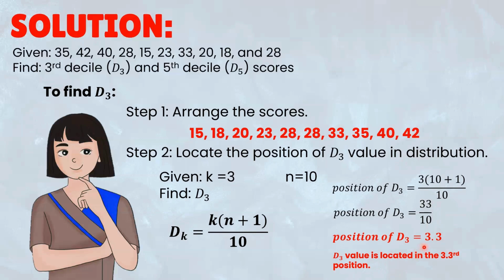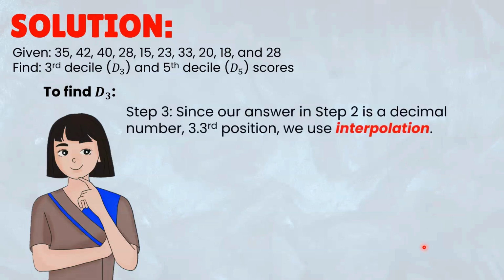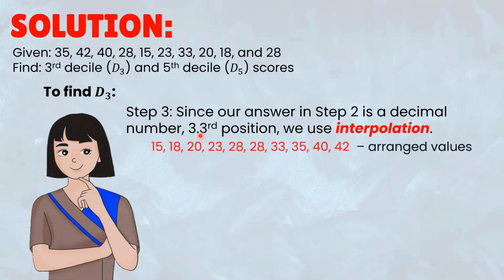which is interpolation. To perform the interpolation process, we have to first locate the 3.3 position in our arranged values in step 1. So this is our arranged values. The 3.3 position is in between the third position and the fourth position.